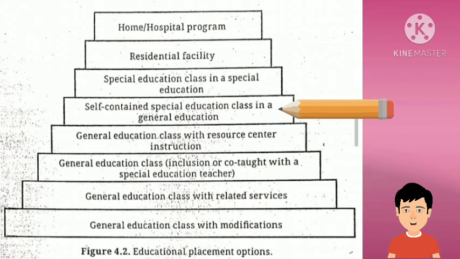Other students need more intensive support that is not provided in a general education class. Teams may decide to recommend placement for a child in a more restrictive setting, such as a self-contained special education class but still located in a general education school.